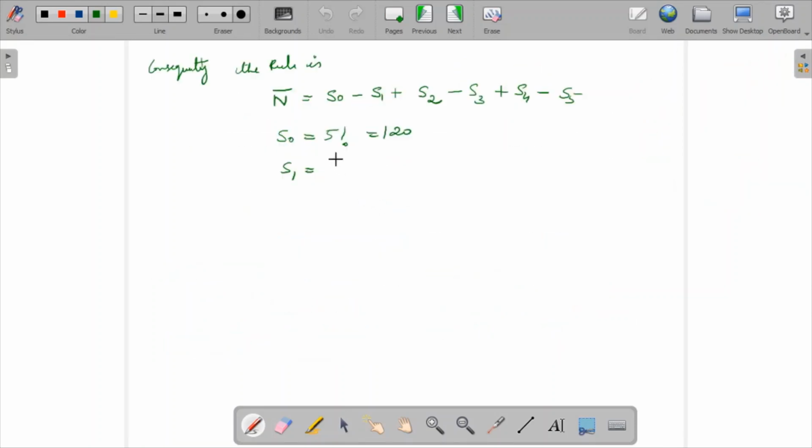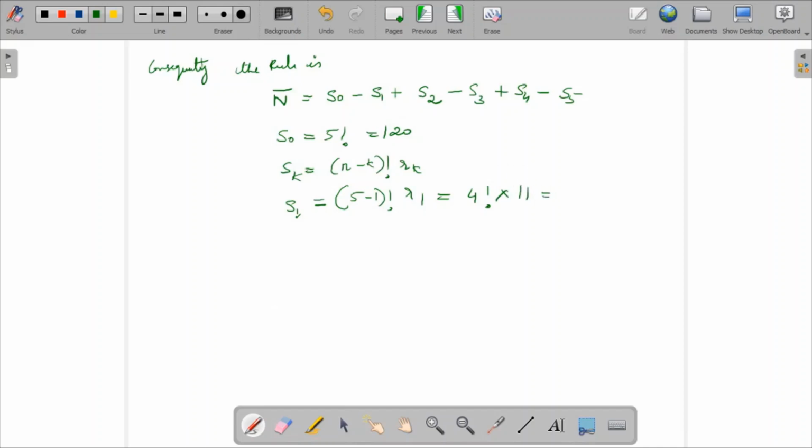So S1 is 5 minus 1 factorial into R1. 5 minus 1 is 4 factorial, and the R1 value is 11.